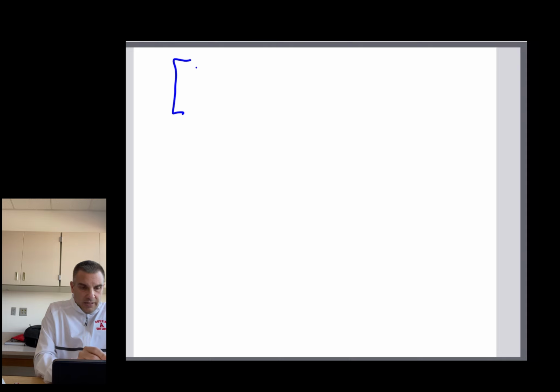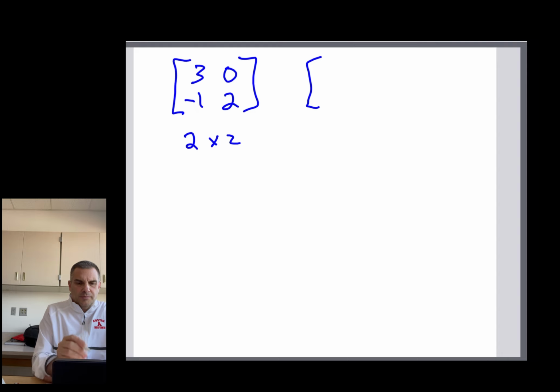So let's go 3, 0, -1, and 2. So I've got a 2 by 2. Now I want to do 2 rows. So let's do 0, 1, 4, 3, 6, and 8.